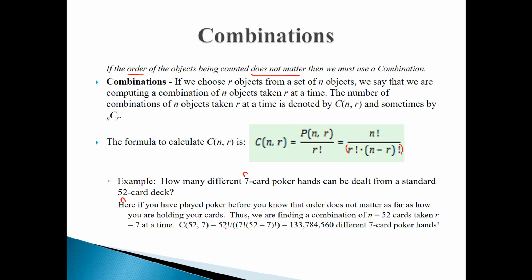We have 52 factorial divided by the quantity 7 factorial times the quantity 52 minus 7 in parentheses factorial. That gives us 133,784,560 different 7-card poker hands that you could come up with when choosing 7 cards out of a 52-card deck.